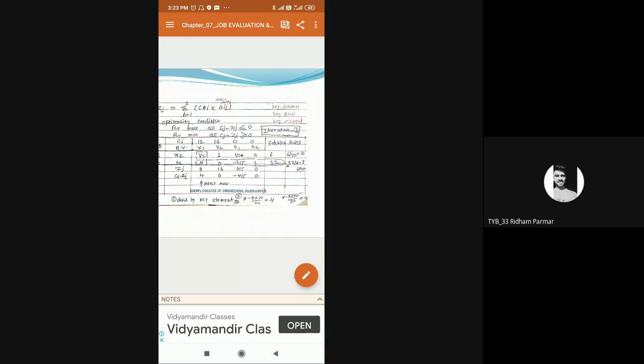So here it is 12 and 30 minus 4 is 8. Out of 12 and 8, the least value is 8. So you can select the second row.